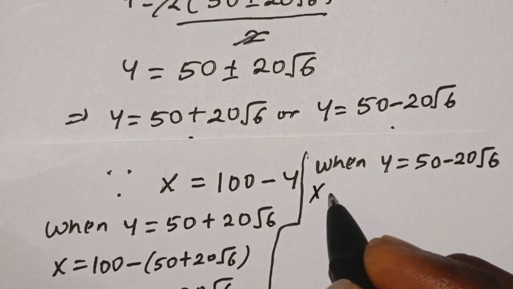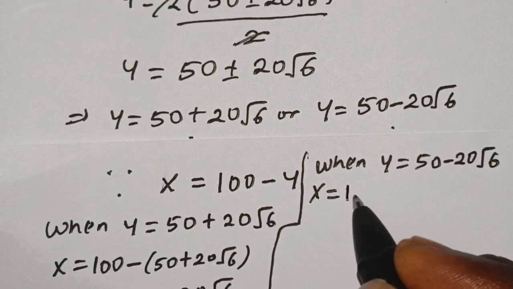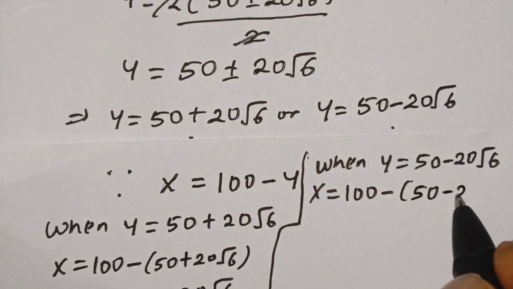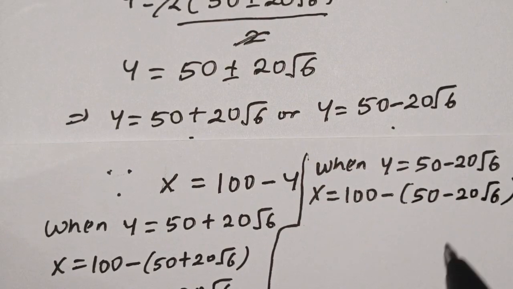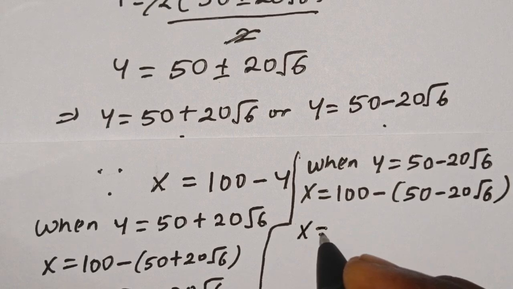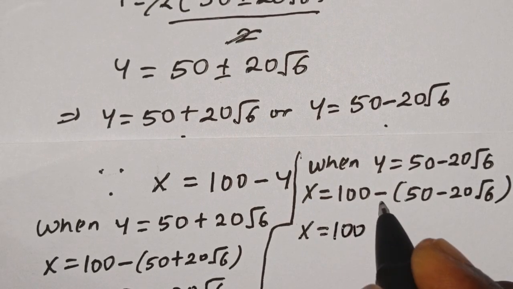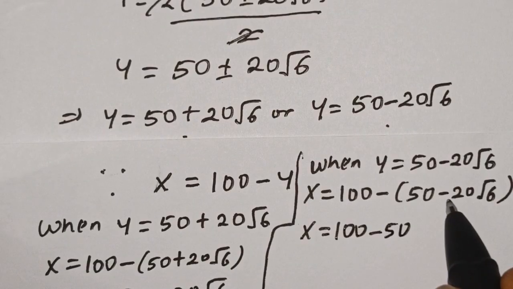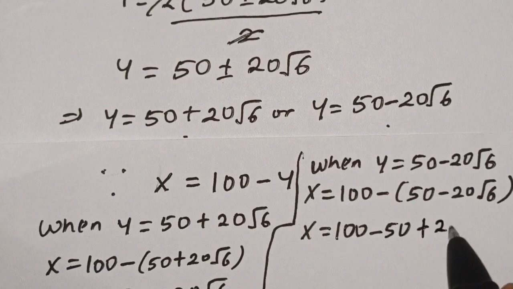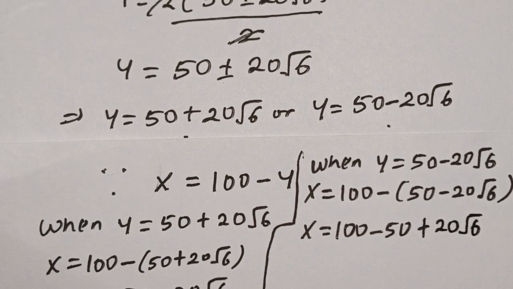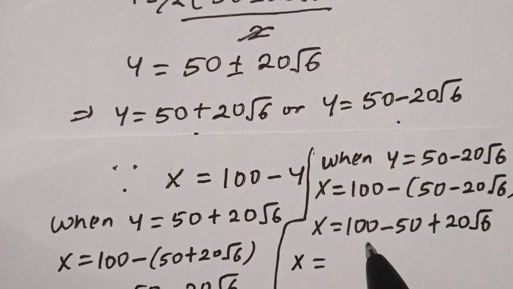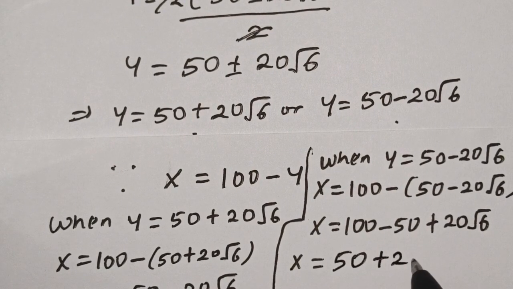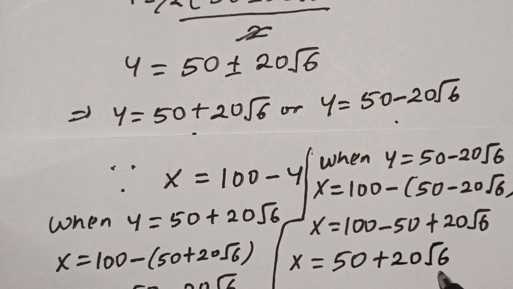So we have x equal to 100 minus 50 minus 20 root 6. X equal to 100 minus 50, minus minus 20 root 6, plus 20 root 6. X equal to 100 minus 50, 50 plus 20 root 6.